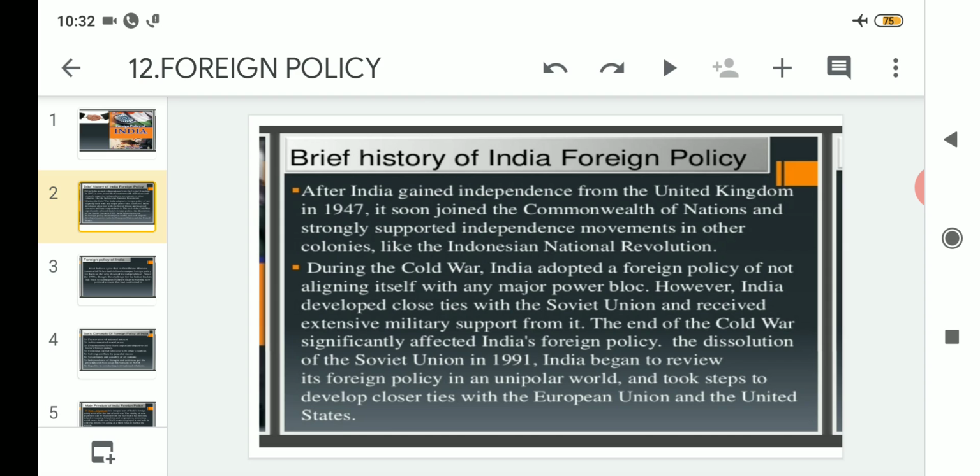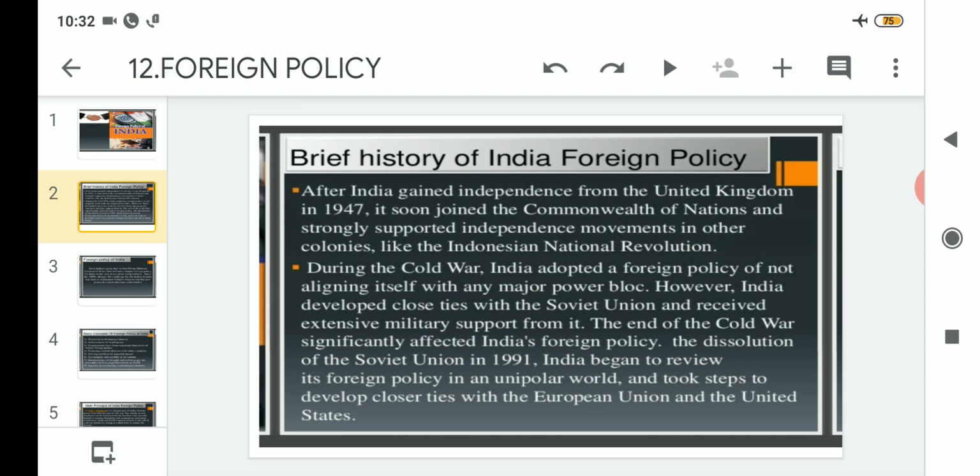However, India developed close ties with the Soviet Union and received military support from it. Although India did not join any alliance, it had a good, formal relation with the USSR, and in return the USSR helped India with military help.